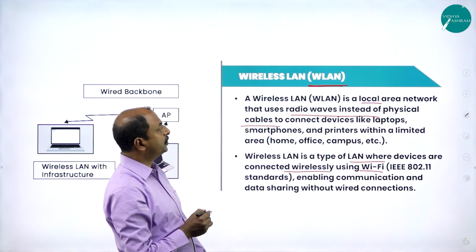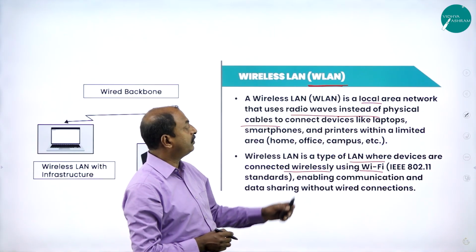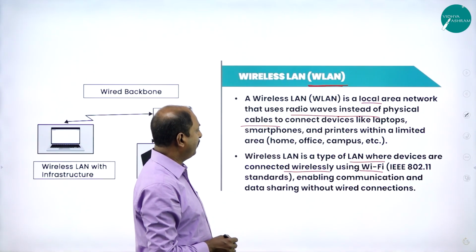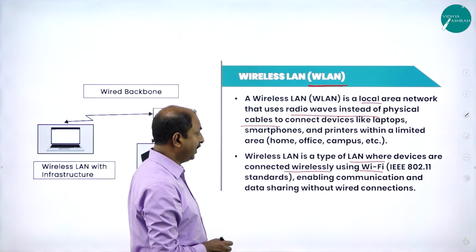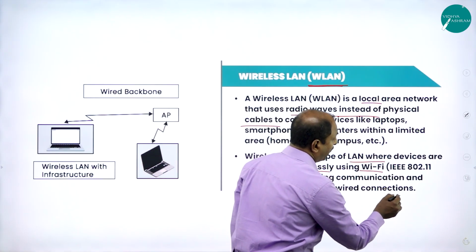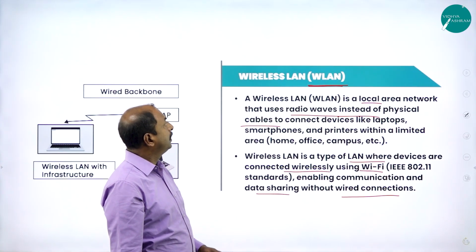So we are using radio waves. Data is transmitted through radio waves as we have seen in the slide, and also we are using Wi-Fi technology for this communication, enabling communication and data sharing without wired connection. That is the definition of wireless LAN.